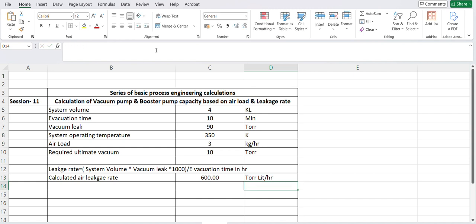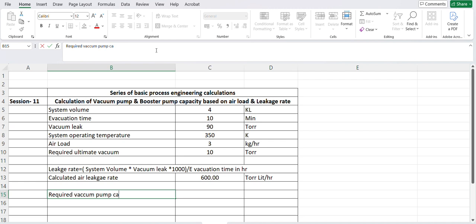Now we calculate the required vacuum pump capacity.